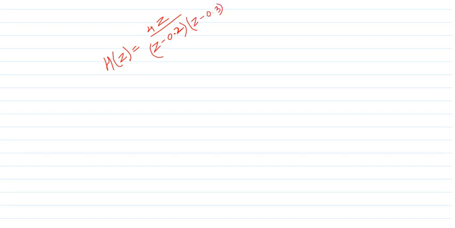Okay. Where are the poles? This is 0.2. This is 0.3. This is a circle, a 0.3 circle.